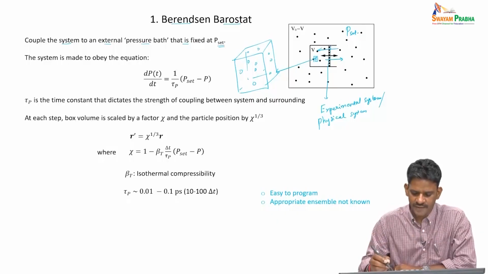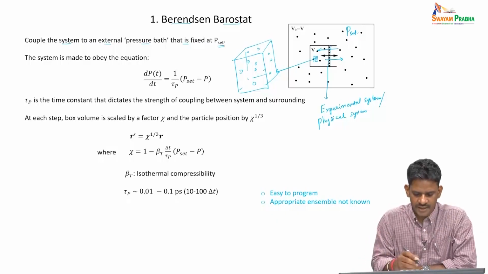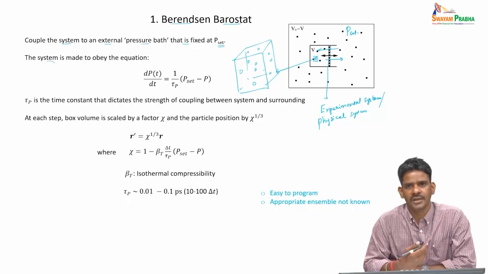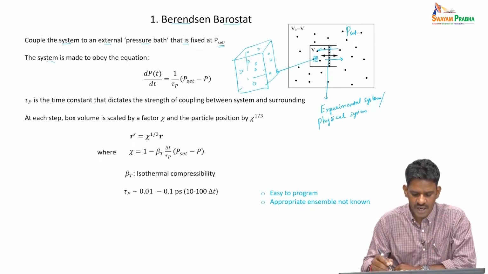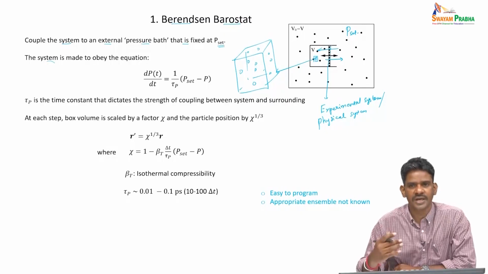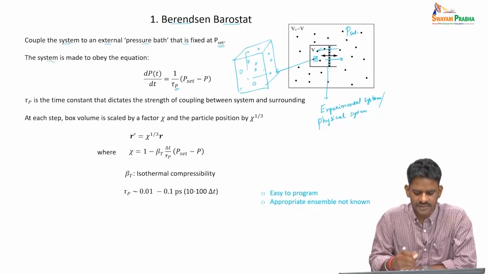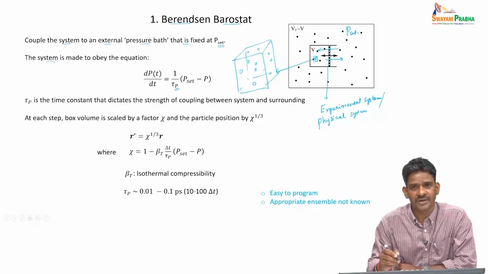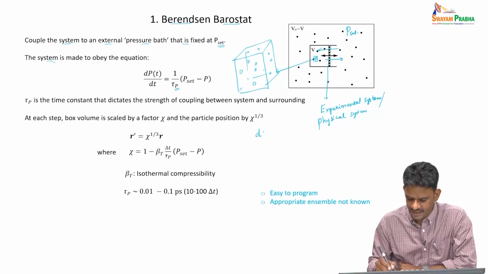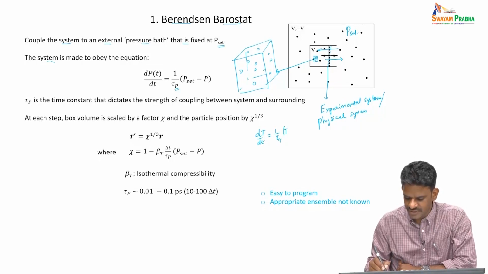Okay. So, then what we can do here is that we can define a rate equation that describes how the pressure in the system will change with respect to time with a certain time constant tau p. You can recollect that we have a very similar equation for the Berendsen thermostat, where we had defined that the instantaneous temperature is catching up with the set temperature with the corresponding time constant.